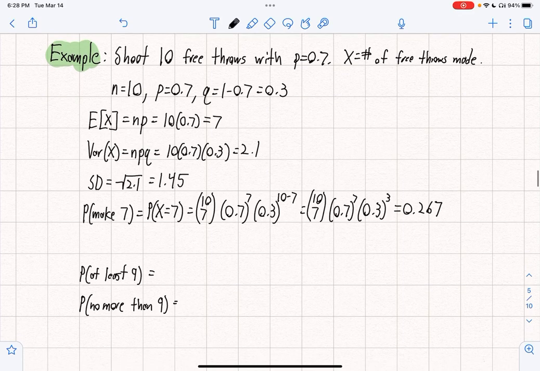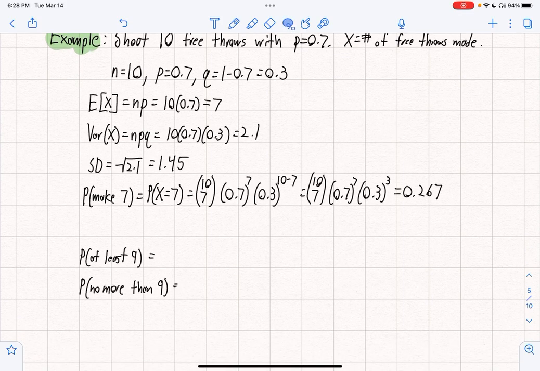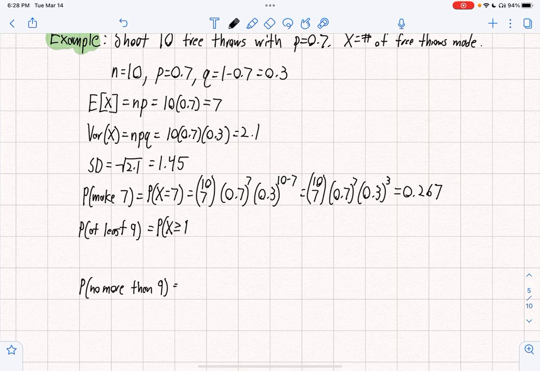Now I'm interested in the probability I make at least 9. So the probability I make at least 9, so that'd be probability x is greater than or equal to 9. So this would be equal to the probability x is equal to 9 plus the probability x is equal to 10.